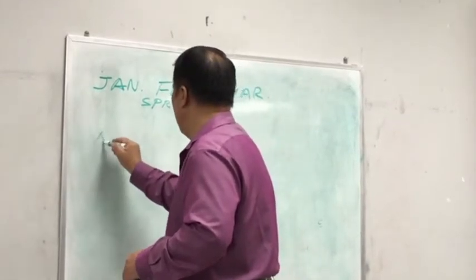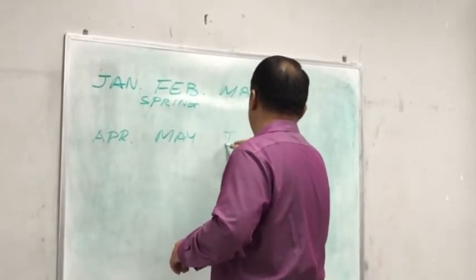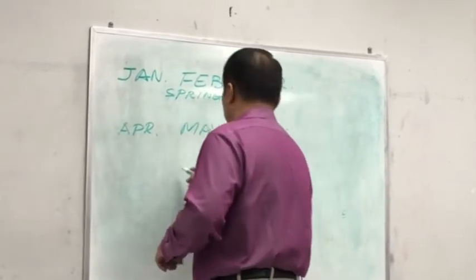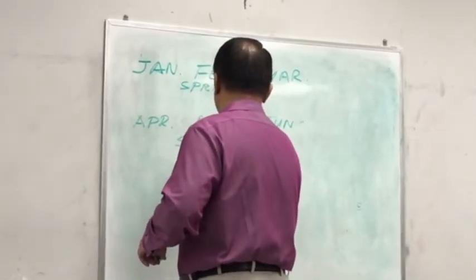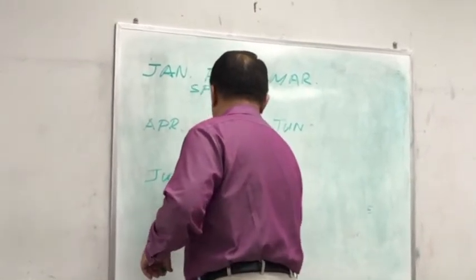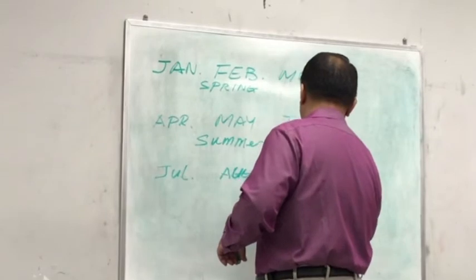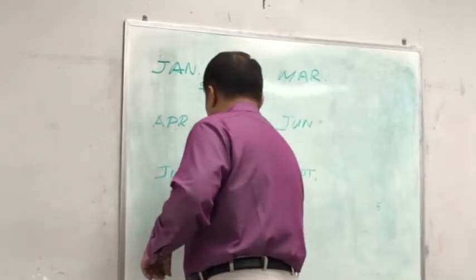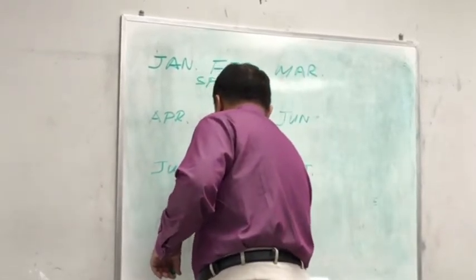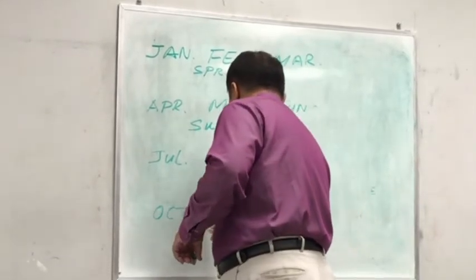And then of course April, May, June is the summertime. And then July, August, September is fall. And October, November, December is winter.